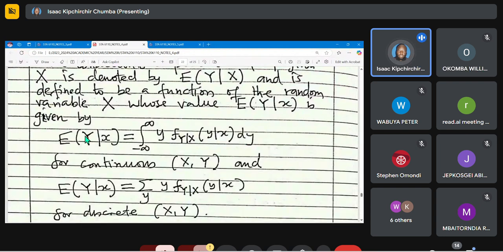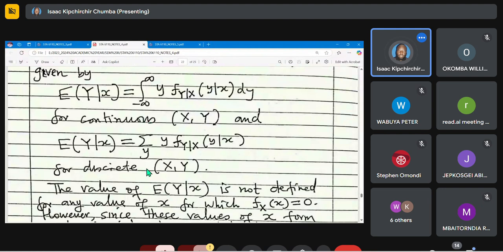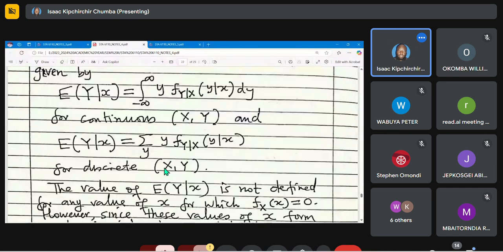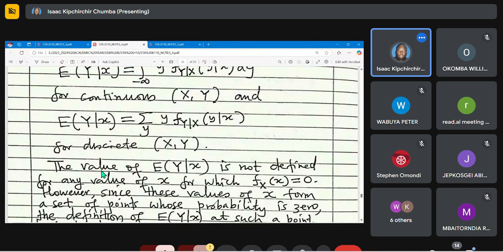You can see that this integral will eventually be a function of small x. This is what you do for continuous variables. For discrete x and y, summation replaces the integral. The value of this is not defined for any value of x for which the marginal is equal to 0.